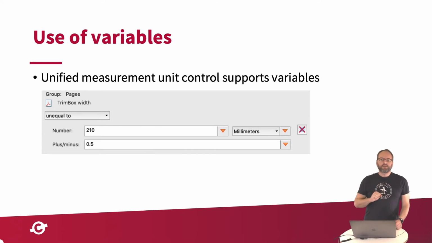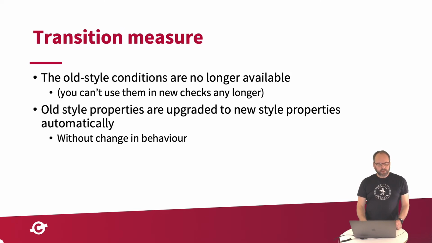But here you can still do it, because it's no longer different conditions. It has just been integrated into an existing condition, and it's set here by millimeter, but now I could use a variable that controls whether it's millimeter, inch, or something else. You might not always need that, but if you need to control this from variables, it is now possible.